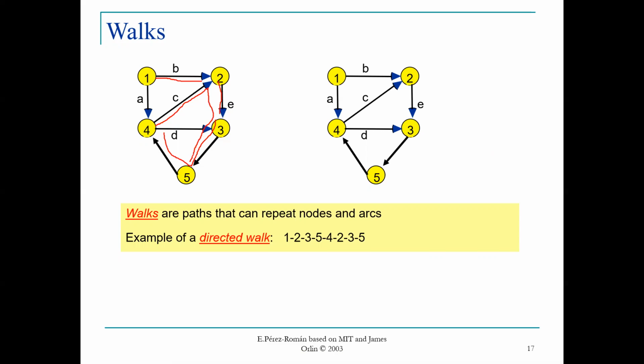So that's a directed walk. Again, walks are paths that can repeat nodes and arcs. As you can see in this one, there's repetition on this side and this side.